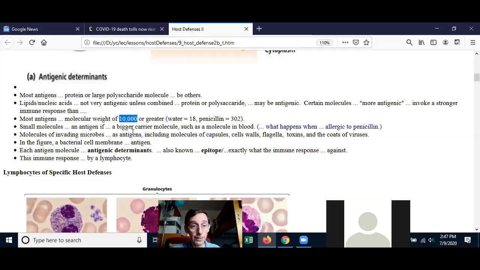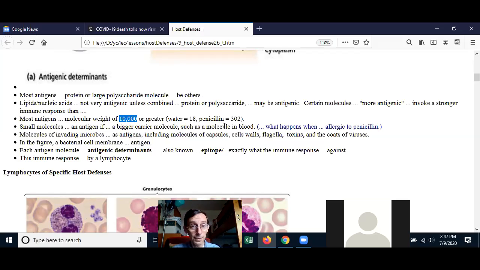Small molecules are not very antigenic, and to become antigens, the small molecules have to attach to a bigger carrier molecule, such as a molecule in the blood. And this is exactly what happens when people become allergic to penicillin.